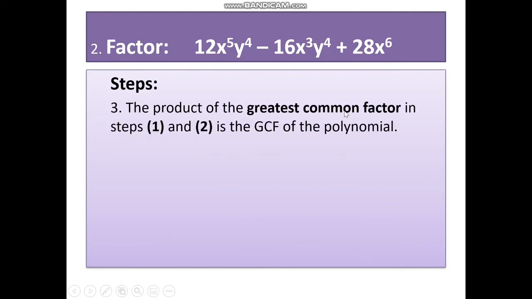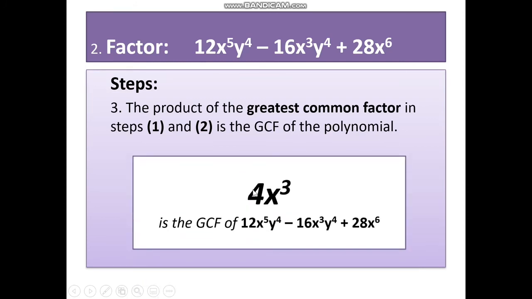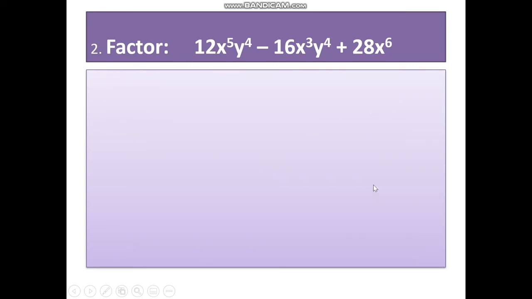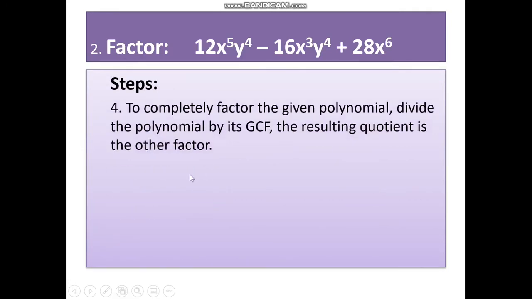So, the product of the greatest common factor in step 1, which is 4, and in step 2, which is x cubed, is the GCF of the polynomial. Therefore, 4x cubed is the GCF of 12x to the 5th y to the 4th minus 16x cubed y to the 4th plus 28x raised to the 6th power. Now, to completely factor the given polynomial, divide the polynomial by its GCF.